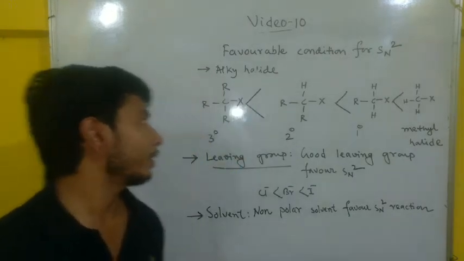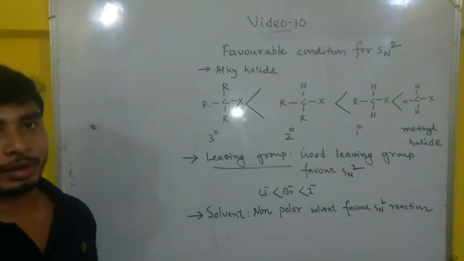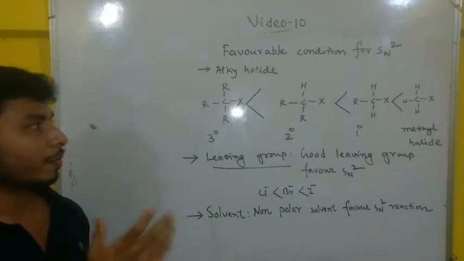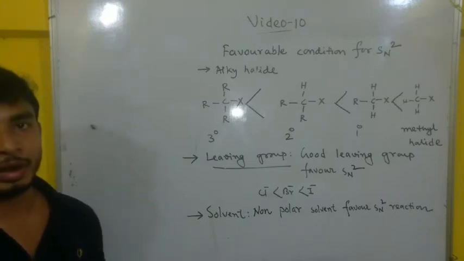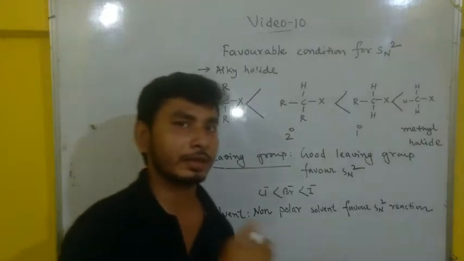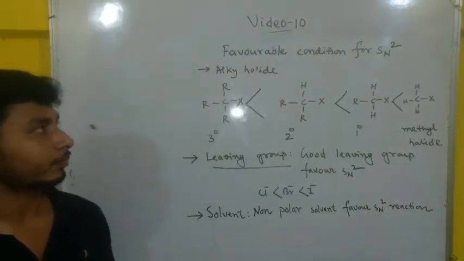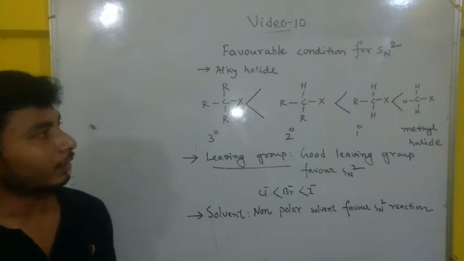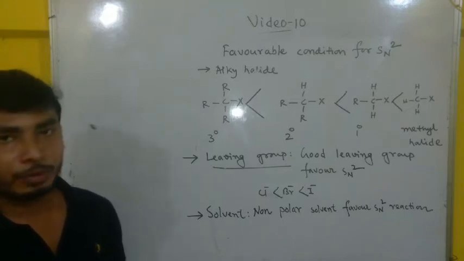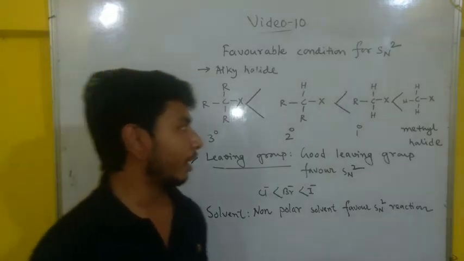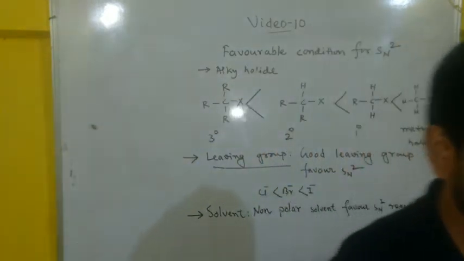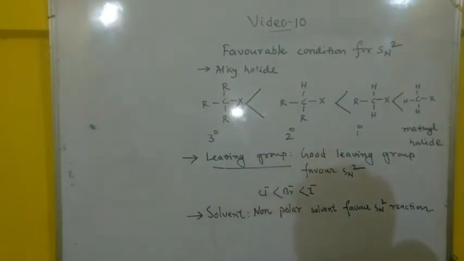Now with these discussions, suppose two compounds are given. You have to identify which one will react via SN1 reaction and which one will react via SN2 reaction. Up to this discussion, I think you understand. First, nucleophilic substitution is of two types, SN1 and SN2.